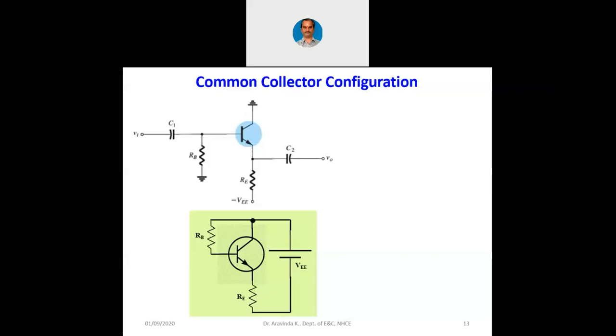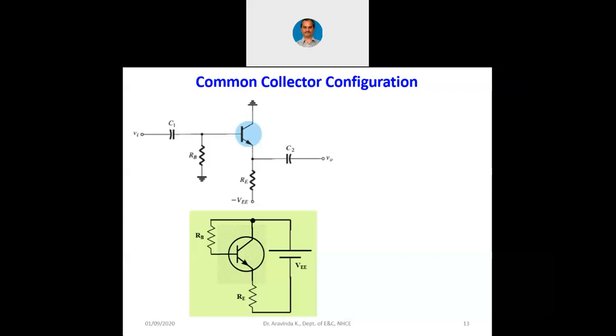We will be using only the common emitter configuration to the maximum extent in all our digital as well as analog circuitry. The reason is that particular configuration is going to give the power gain. The other two configurations such as common collector and common base are not going to provide that much of power gain. That is the basic reason.